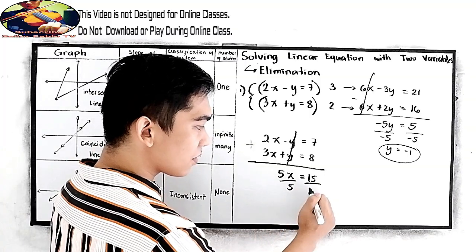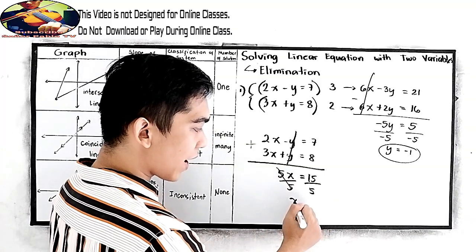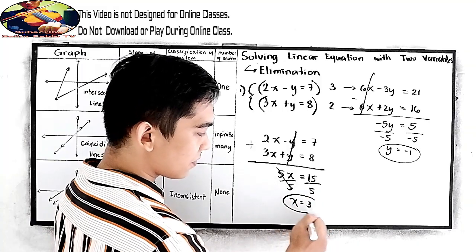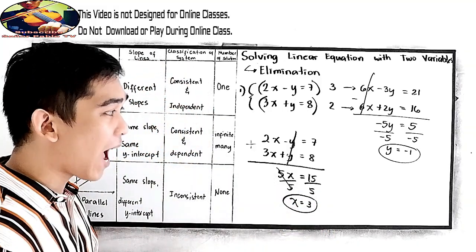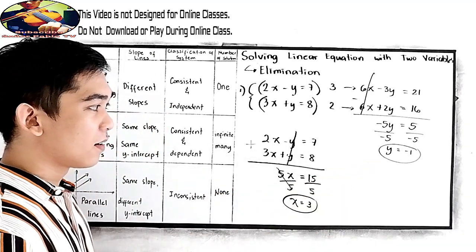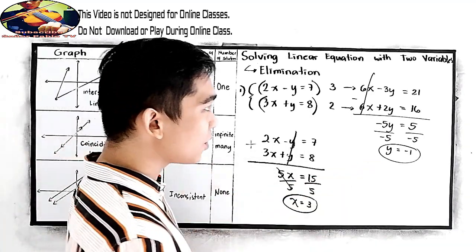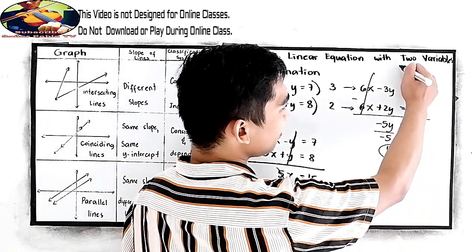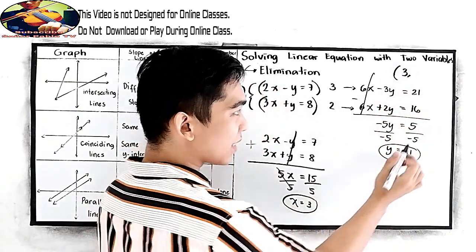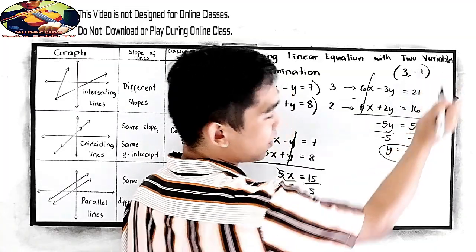Divide by 5, so our x is equal to 15 divided by 5, 3. Okay. Now we have the values for x and for y. So our solution now is our x is 3 and our y is negative 1.